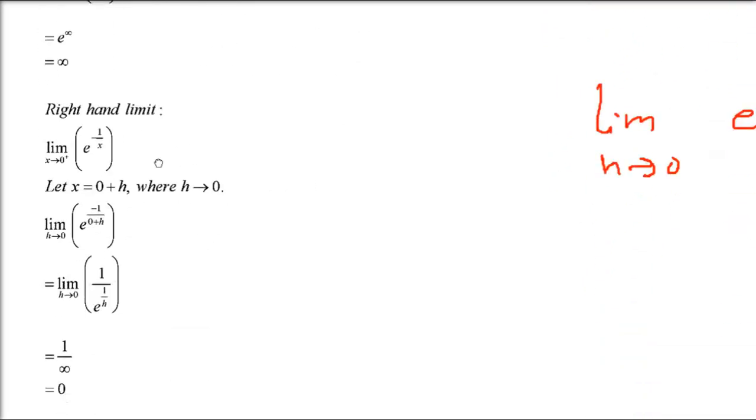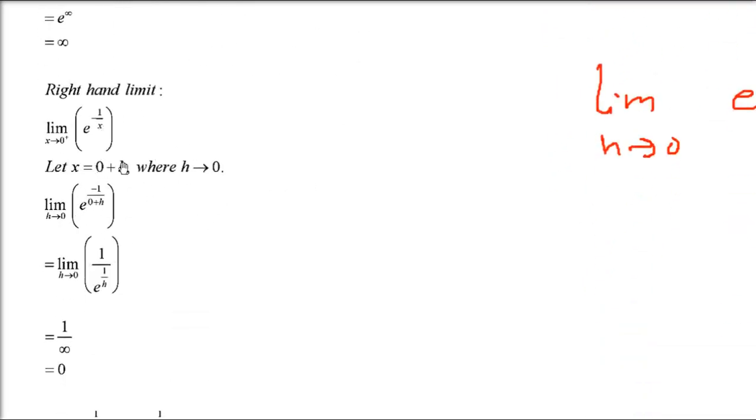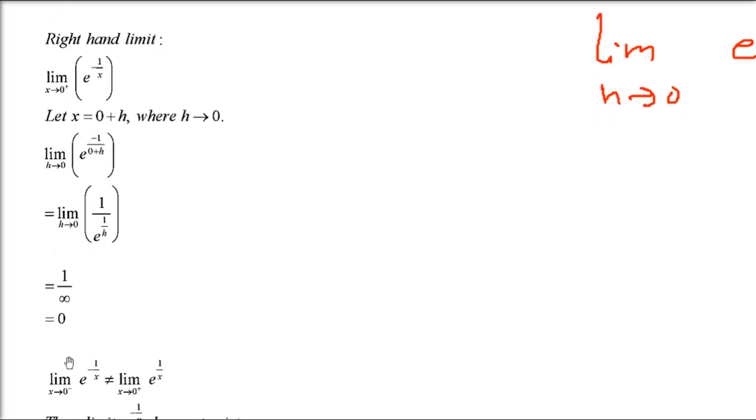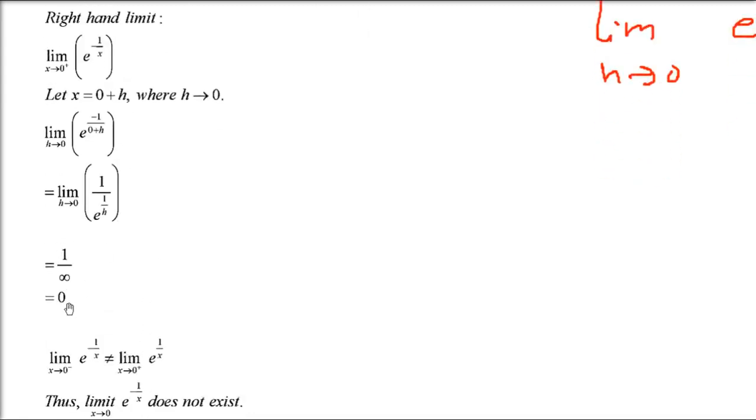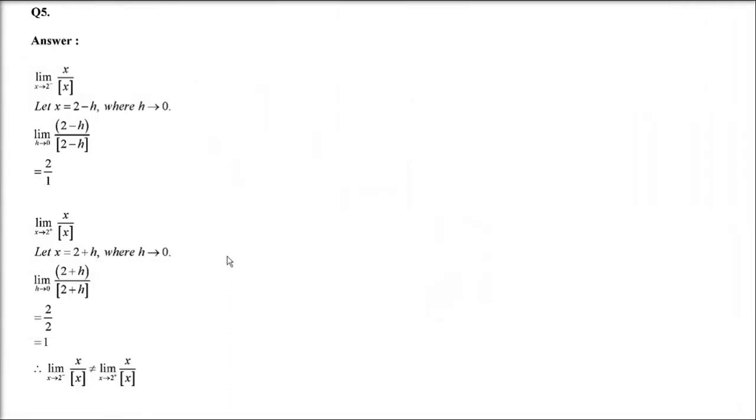So the left hand limit is infinite, and on the right hand side you have e to the power minus 1 by 0, that is e to the power minus infinite, which is 1 by e to the power infinite, which is 0. Just remember, anything to the infinite power is infinite, and whenever you have infinity in the denominator, it will be 0. So LHL and RHL are not equal. Limit does not exist.